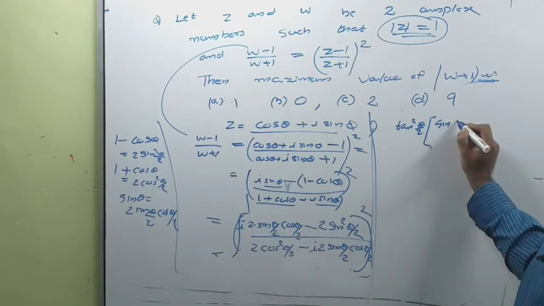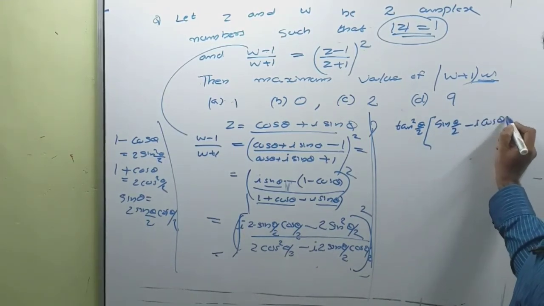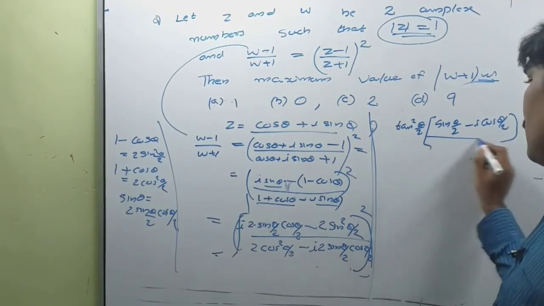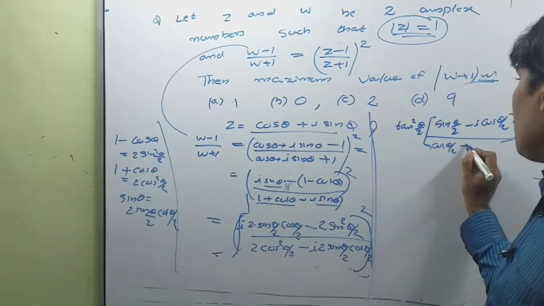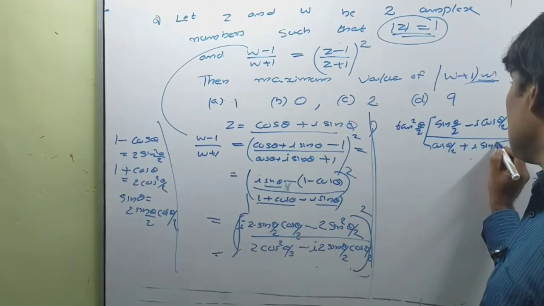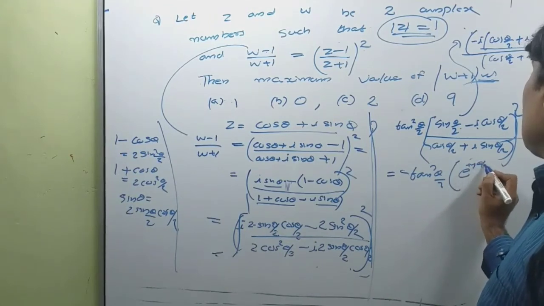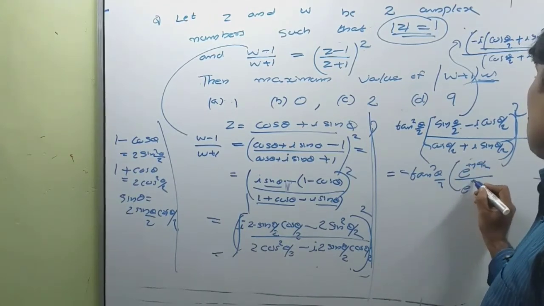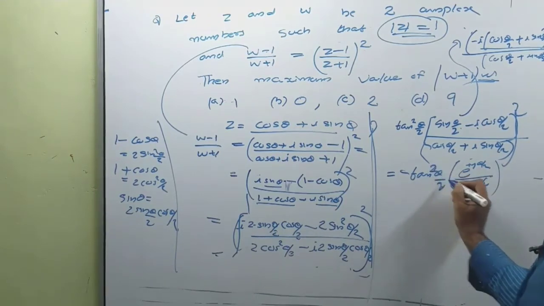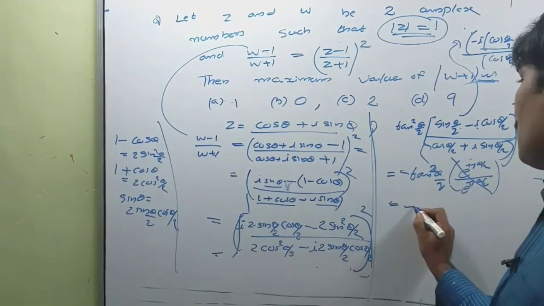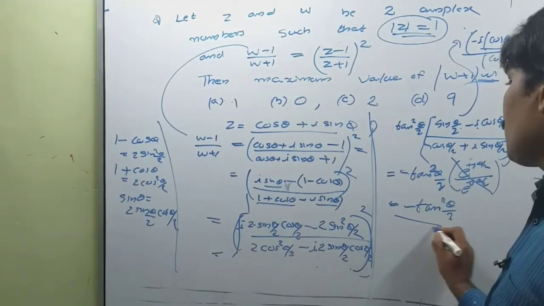times sin theta by 2 minus i cos theta by 2, and the denominator becomes cos theta by 2 plus i sin theta by 2, which becomes e raised to plus j theta by 2, and the denominator is equal to e raised to plus j theta by 2. This gets cancelled, so this is equal to minus tan square theta by 2.